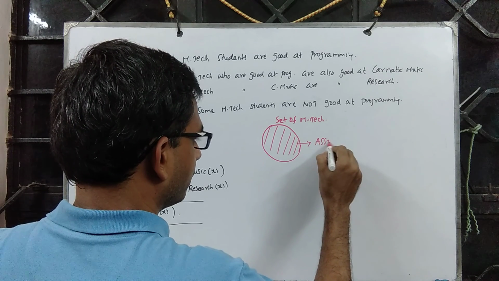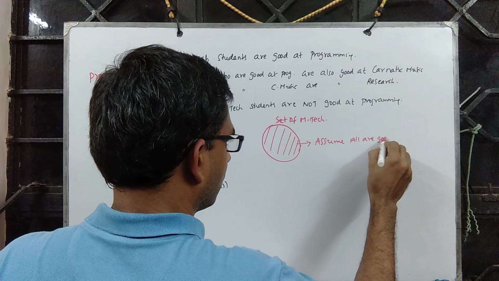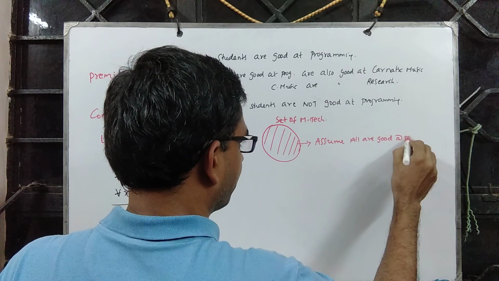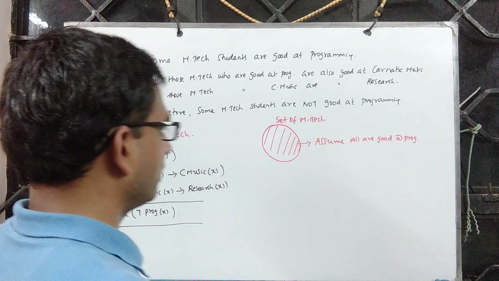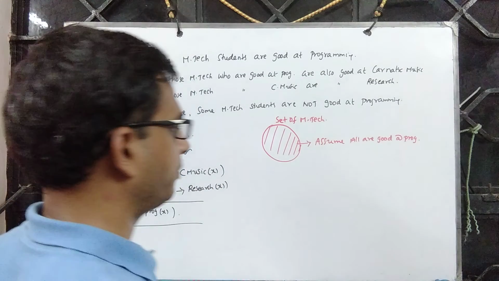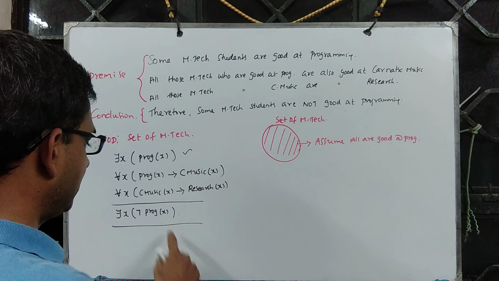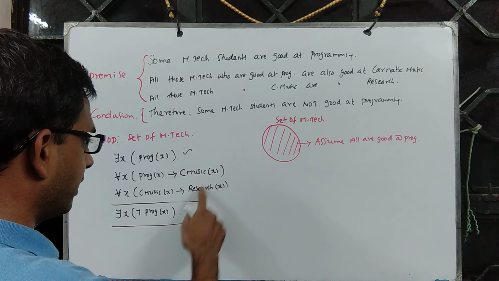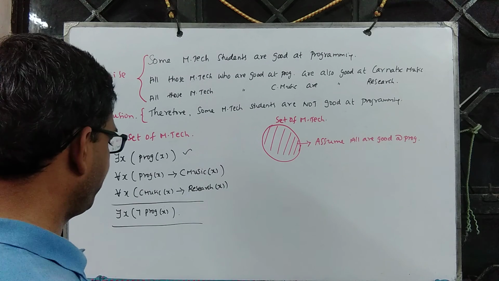Assume all are good at programming. If all are good at programming, then it also means some are good at programming. So this picture is captured. Since the conclusion is not involving these two, we need not look at them at all.